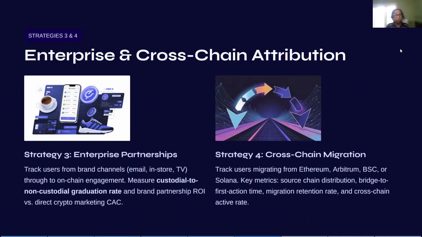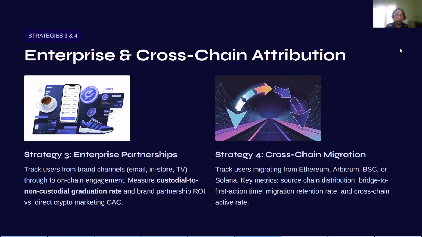And then there is enterprise cross-chain attribution. From Polygon's blockchain point of view, you need to measure where the customers are coming from. The customers may be coming from the gaming application or from the enterprise application, and they can also come from other applications and other blockchains that are not part of the Ethereum ecosystem or the Polygon ecosystem.